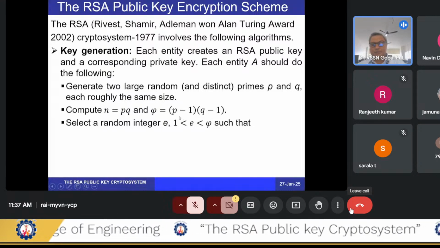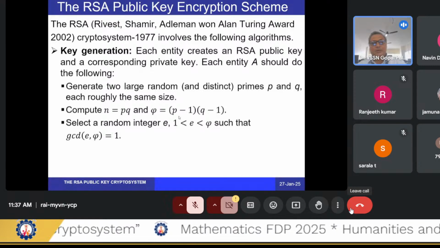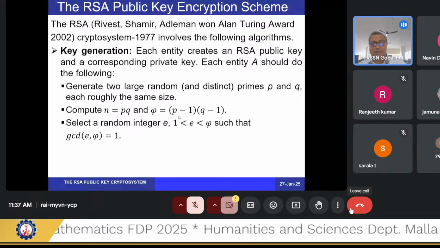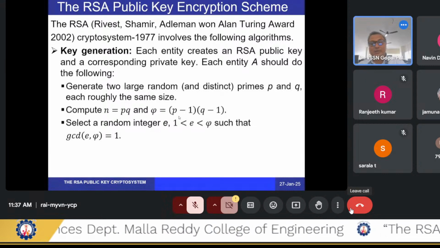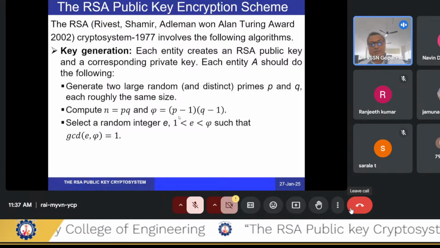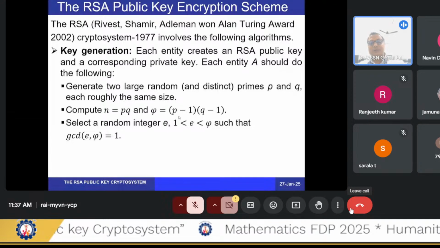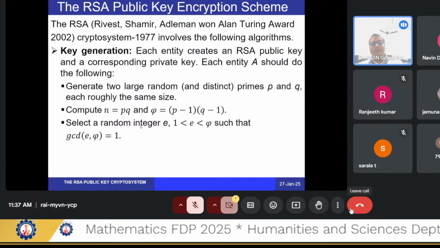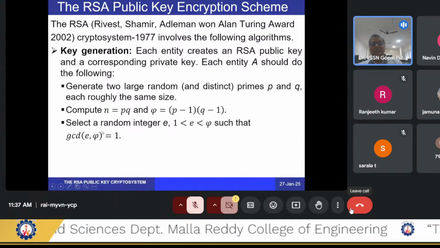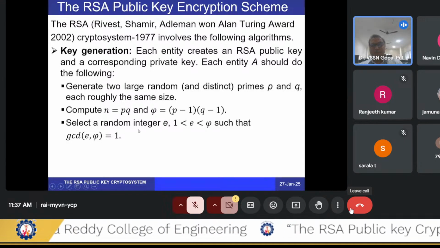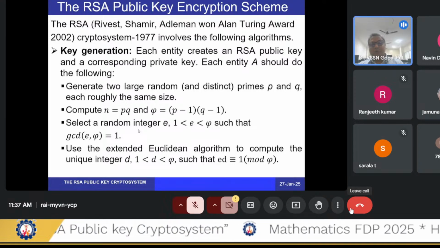Then the entity selects a random integer e between 1 and phi, such that the GCD of e and phi equals 1. What is the meaning? e and phi are relatively prime.